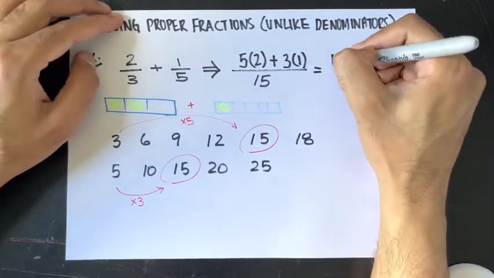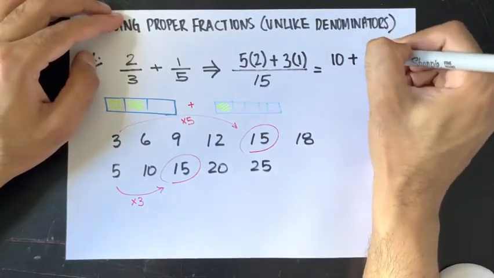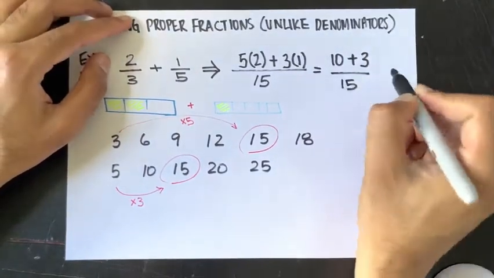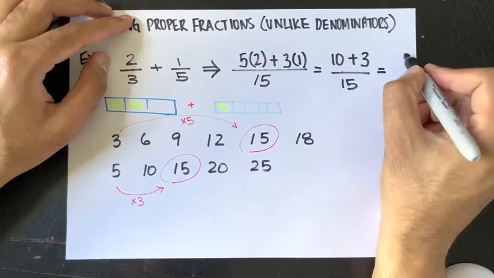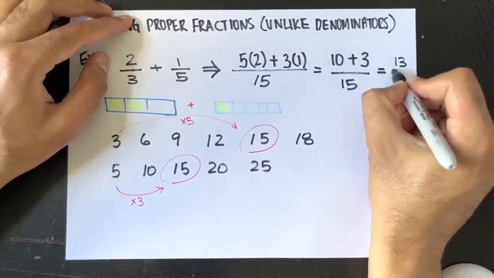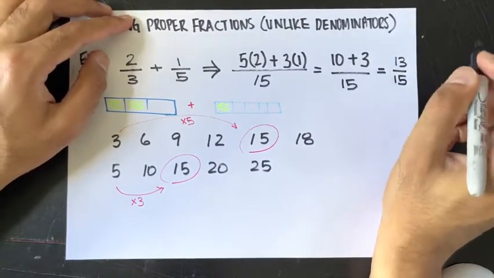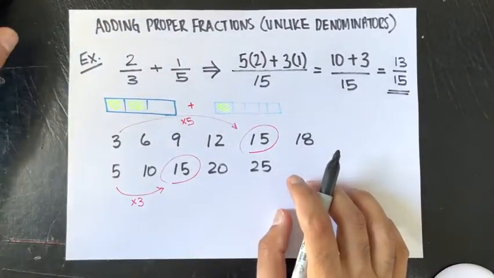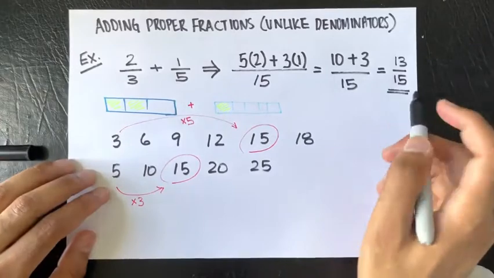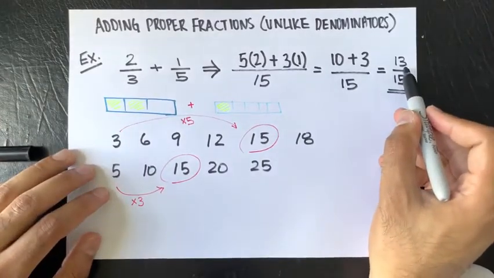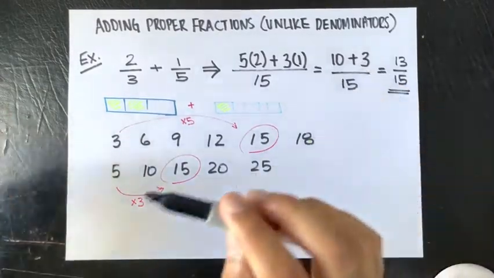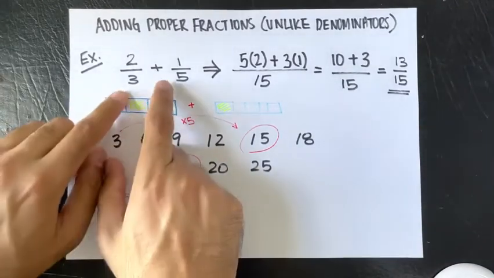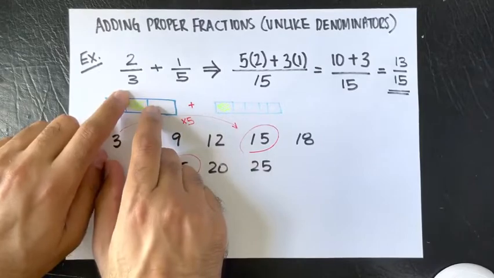So that will simplify further to be 13 over 15. And that's your answer. So out of the 15 parts, 13 is the common number when you add the 2/3 plus the 1/5 fraction.